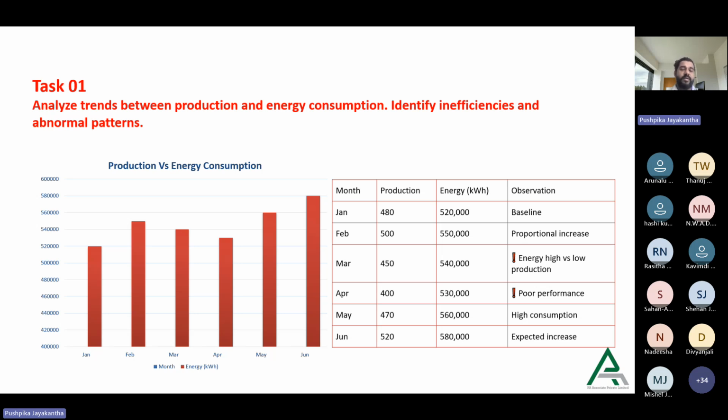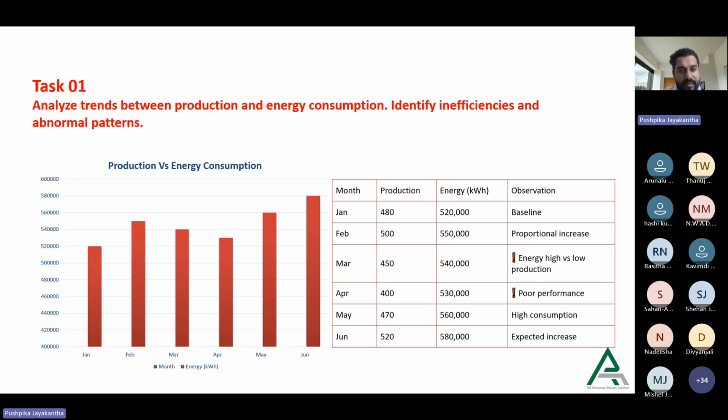Those are very common things in industries. Sometimes the auxiliary systems, the lighting, AC or cooling water systems, are switched on continuously, which can increase the base load. So this lack of proportional reduction in energy consumption with a decrease in production indicates a significant base load.